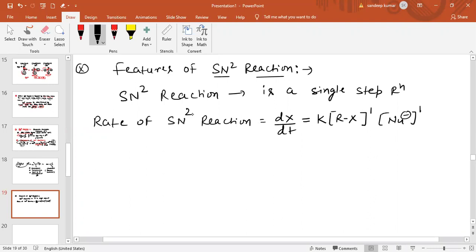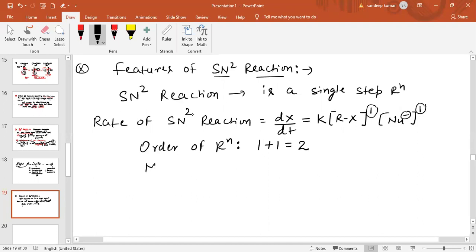So the order of reaction is basically the concentration of RX is 1 and the concentration of nucleophile is 1, so the order is 1 plus 1, meaning 2.